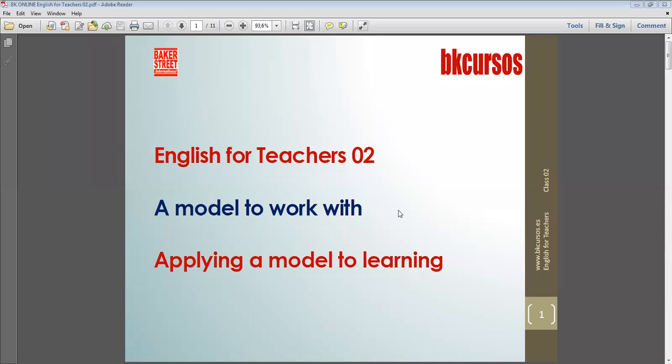So we're going to go on to today's class, which is this one, English verb. Okay. So we're going to be looking at a model for learning, a model to work with. And our model is not based specifically on teaching today. It's going to be on our needs.